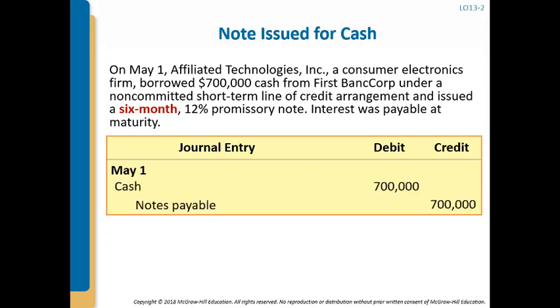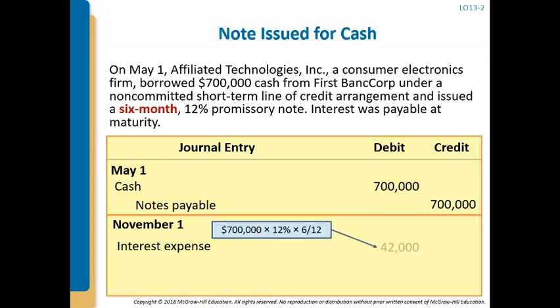And then on November 1, when you pay this, you're going to debit notes payable, credit cash, and also debit interest expense for the amount of interest that you're paying.